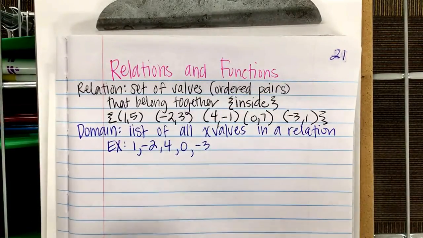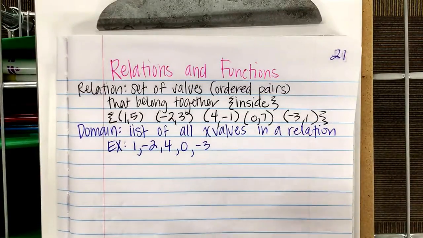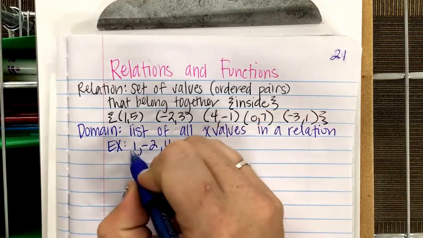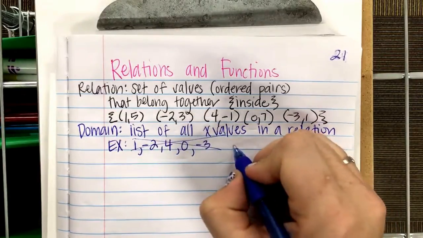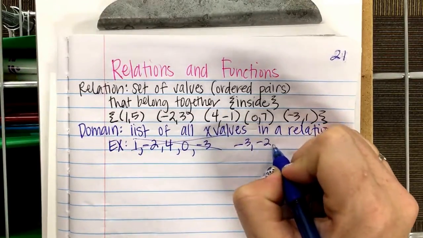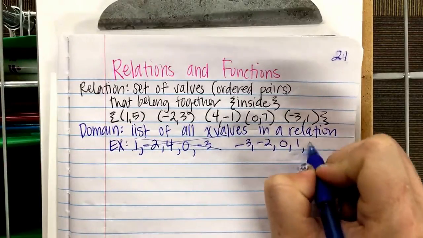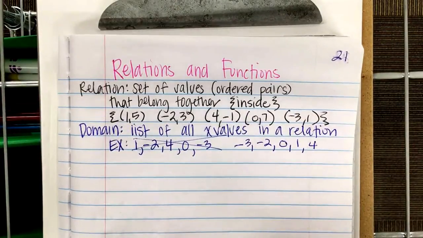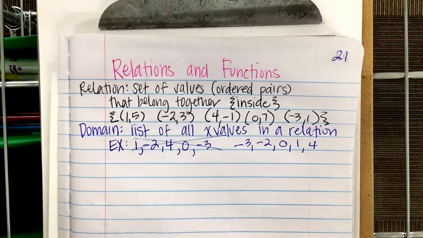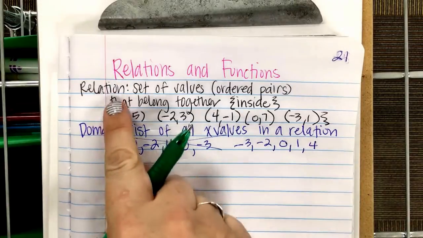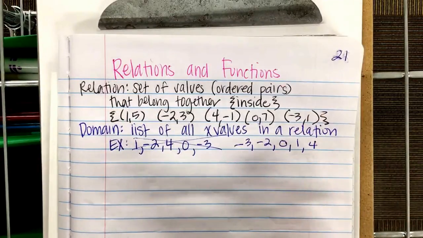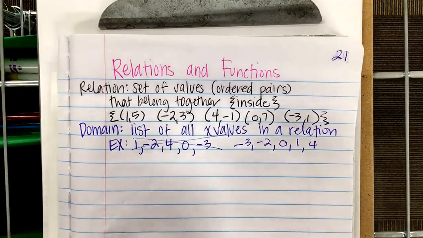Now that's not really the best way to make that domain, right? We'd want to put it in order, least to greatest. So we'd say -3, -2, 0, 1, and 4. So the domain is the list of all x values in a relation. And a relation is a set of ordered pairs that belong together that represent something.